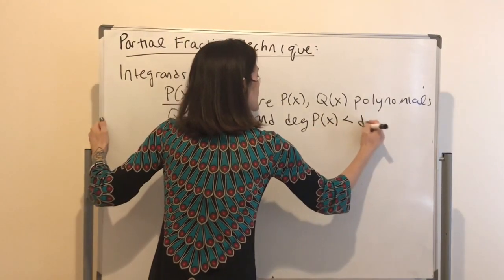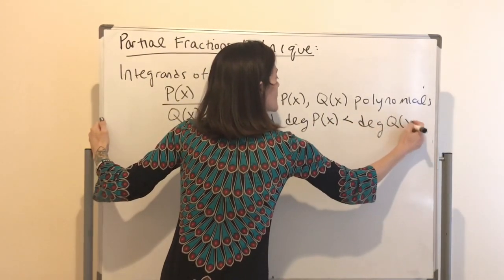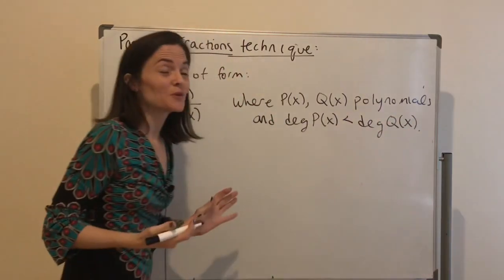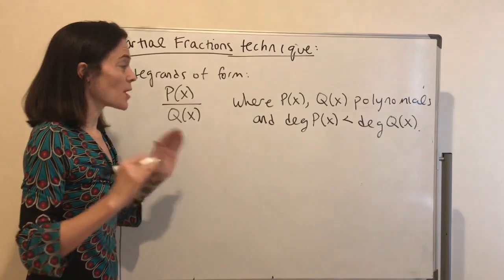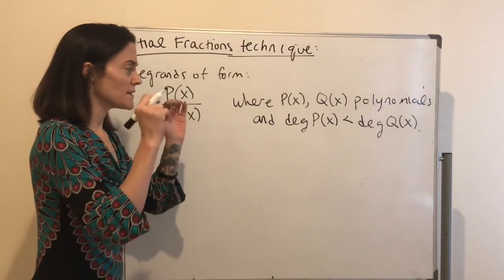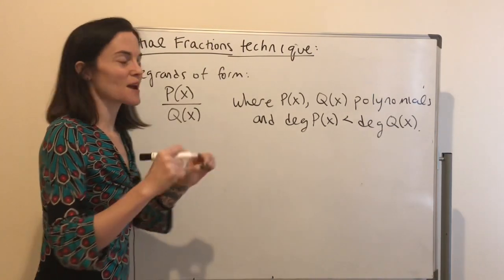Strictly less than. I will mention what we do when you have greater than or equal to for this degree, but for partial fractions, the technique, we need the degree of the numerator less than the degree of the denominator.